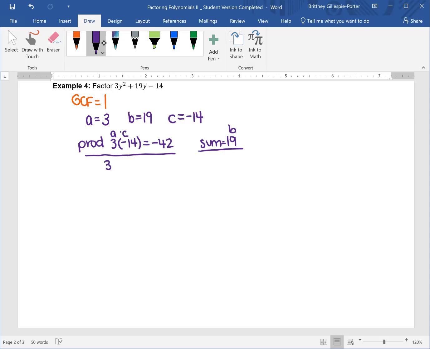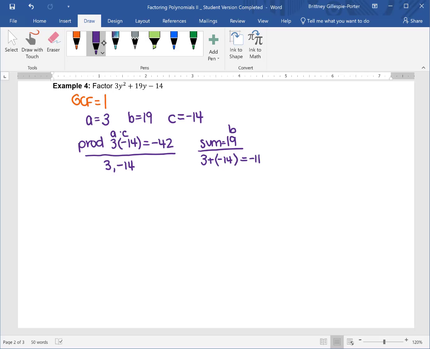If I were to start out with 3 and negative 14, because we know those multiply to be negative 42, but when we add 3 and negative 14, we get negative 11, which is not the 19 for which we are looking. So we need a bigger sum, so let's drop down from 3.